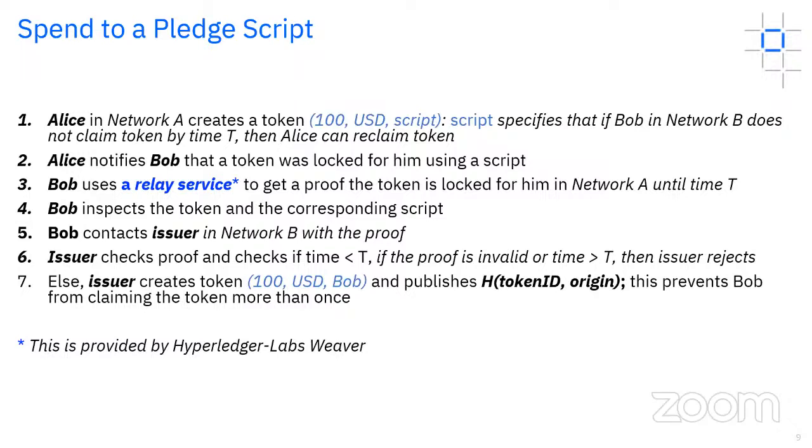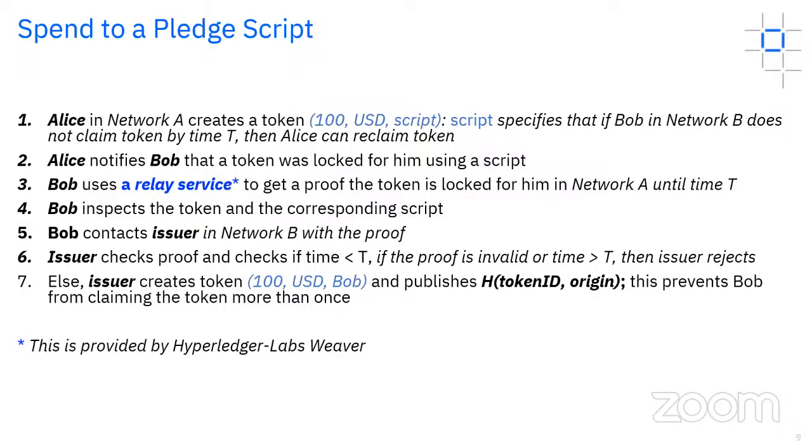And then it will also publish in this issue transaction the hash of the token ID, which is the identifier of the token that was pledged in Alice's network, and the origin, which is the network in which this token was pledged, in this case network A, which is Alice's network.